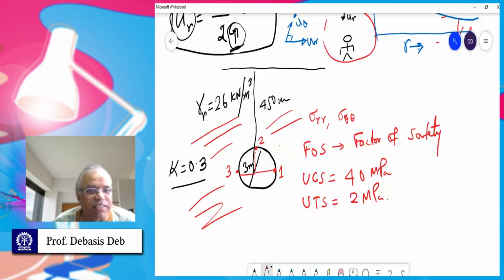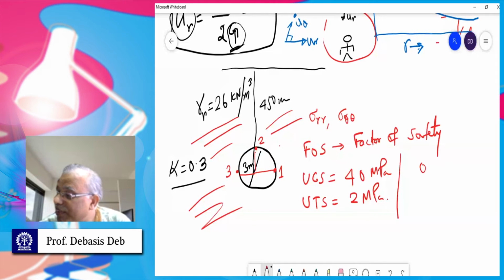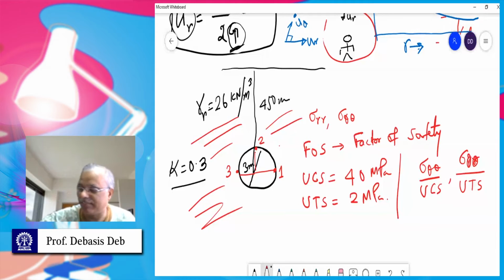Okay, how many of you can do that? Factor of safety is nothing but sigma theta theta by UCS in this condition, or sigma RR by UTS. Sorry, or sigma theta theta by UTS, whichever you want to use.